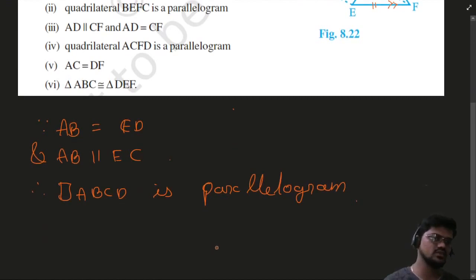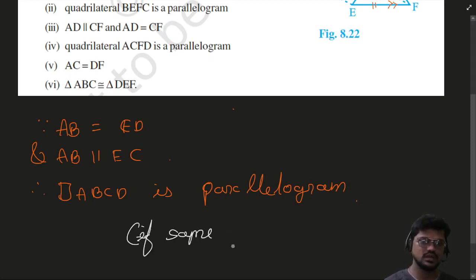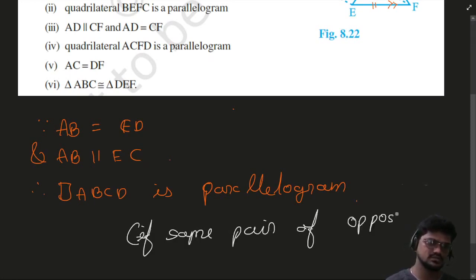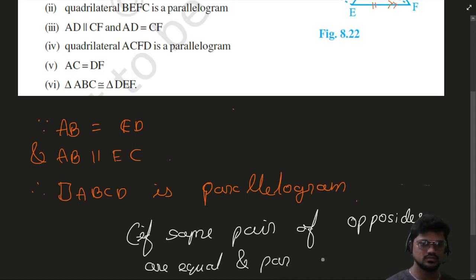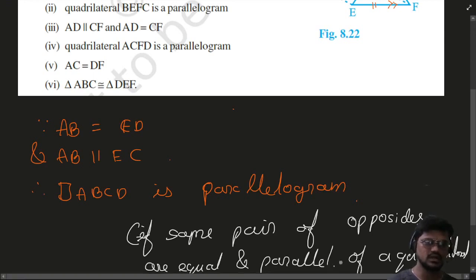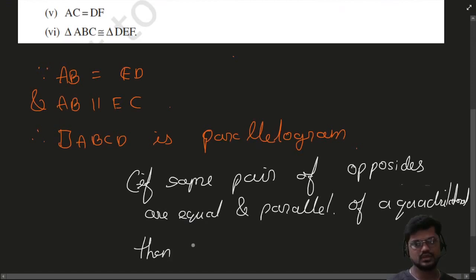For any quadrilateral, if the same pair of opposite sides are equal and parallel, then it is a parallelogram.